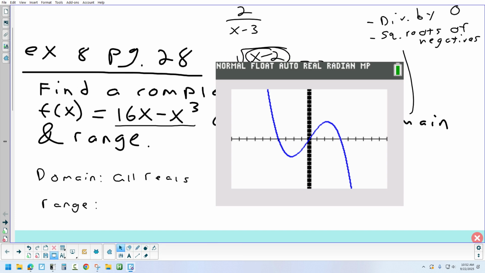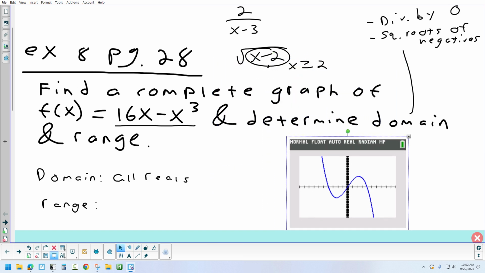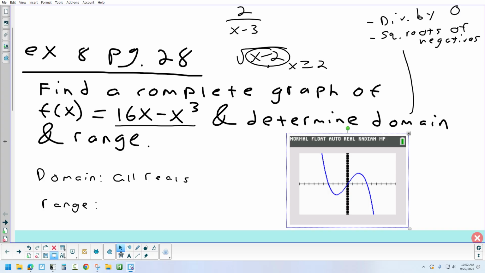So we're going to learn a little bit more about these kinds of graphs later on. But the highest exponent in that equation is a 3. If you subtract 1 from that number, it tells you how many times the graph could turn. So this particular graph can only turn 2 times. Can I see 2 turns on the screen right there?